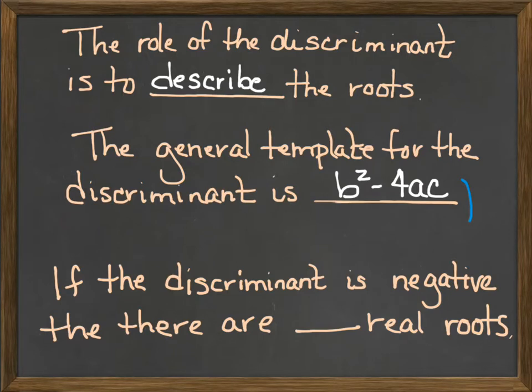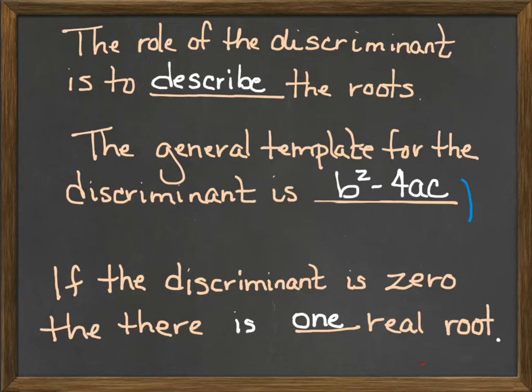If the discriminant is negative, in other words, if the number underneath the radical is negative, then there are no real roots. They're imaginary. If the discriminant is positive, there are 2 real roots. It means there's going to be 2 strikes on the x-axis. If the discriminant is 0, there is 1 real root, and that root is the vertex.